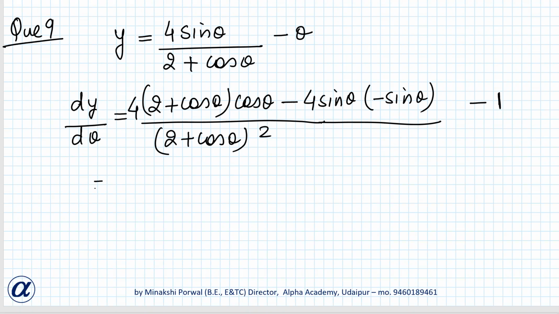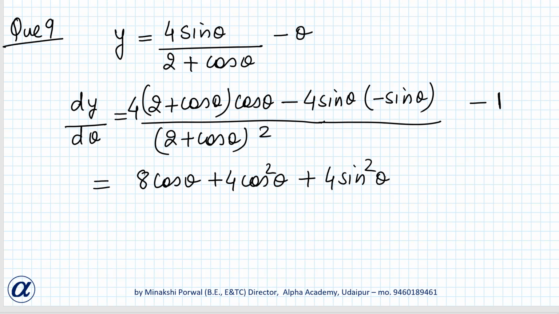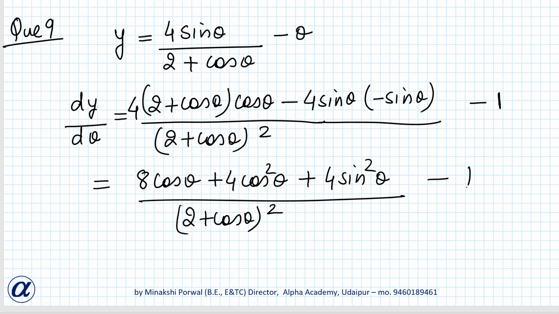So this is 8 cos theta plus 4 cos square theta plus 4 sin square theta upon 2 plus cos theta the whole square, minus 1.